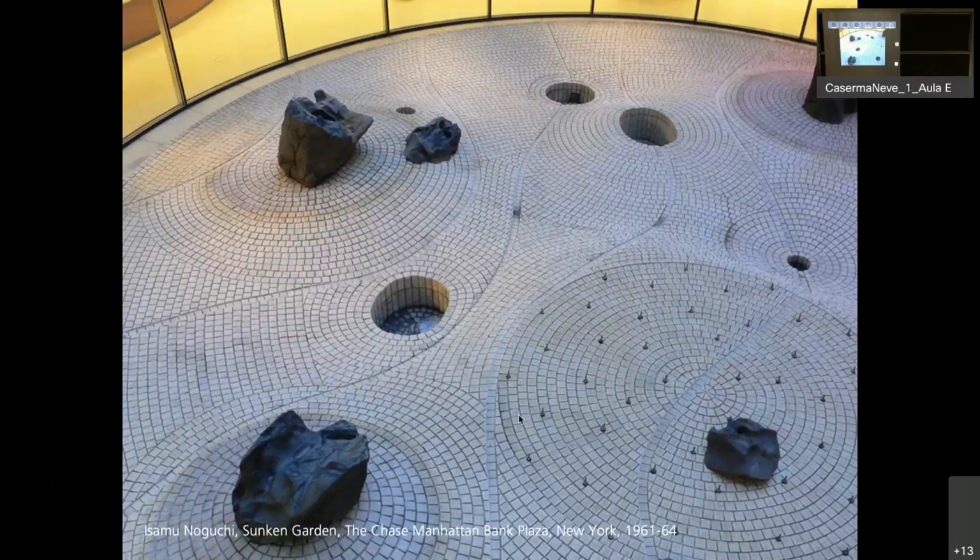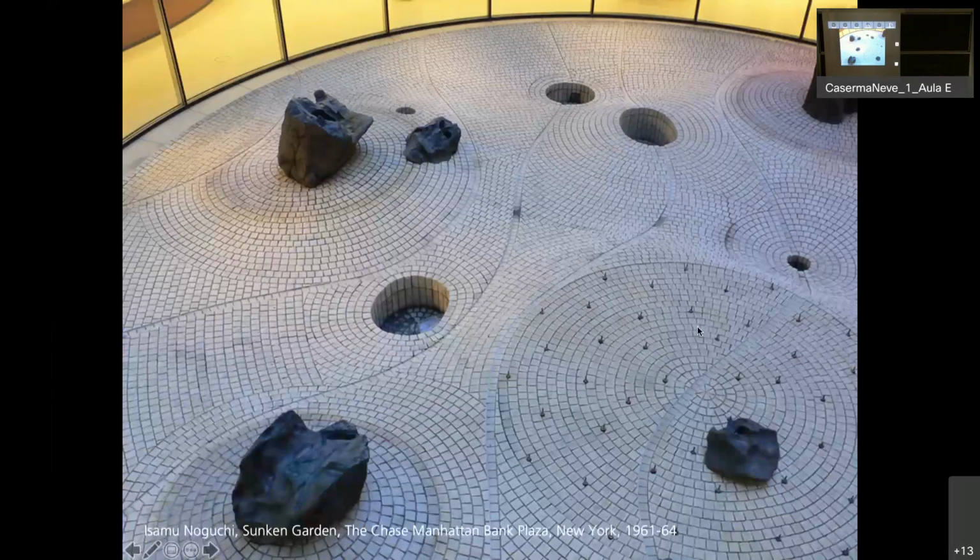So you can see here a very strong influence of the Zen Japanese garden, with more mineral elements and very intense specific points of contemplation.